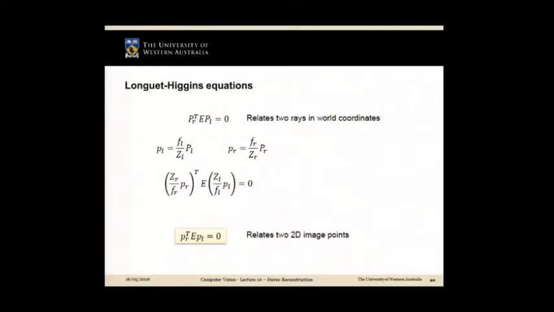So the same expressions are there. You just substitute those expressions of the ray in this equation, and you get the relationship between 2D points. So this equation gives you an expression for two rays in world coordinates and points in the world coordinates, right? If you look at it, we have capital P for the rays and small p for the points. Just keep these terminologies in your mind for the rest of this lecture.